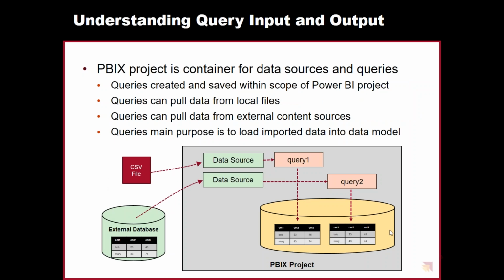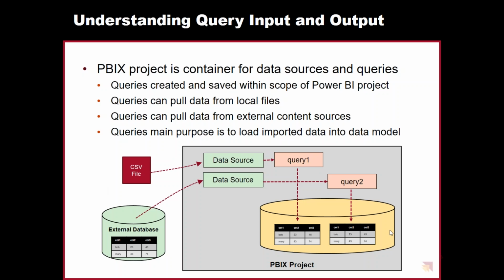Now, also, what's very important to understand is that every single query that you run has the ability to create an output table in the data model. And so what gets to be very common is that you create queries that hook up to multiple data sources. When these queries are run, they basically generate base tables inside of the data model.